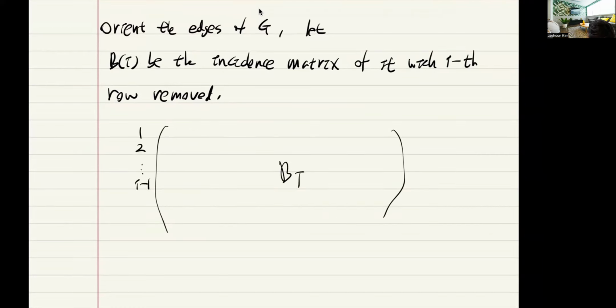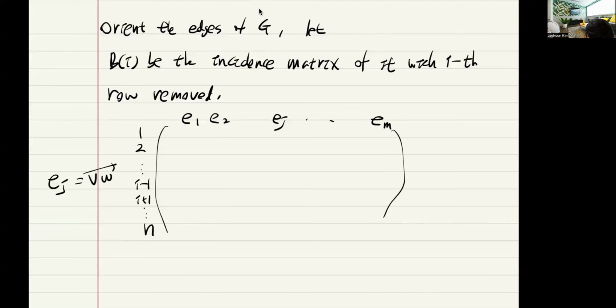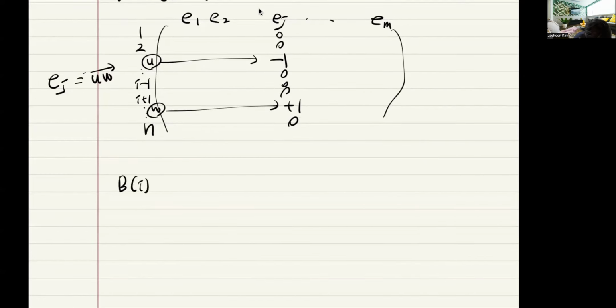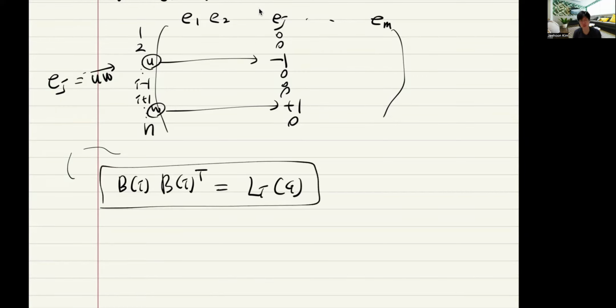We have every vertex except i as rows, and E1, E2, and so on, all the edges of G, as columns. If E_j is from U to W, then the entry is -1 on U and +1 on W. Then if we take this B_i, which is n-1 by m, and multiply it by its transpose, we get the principal cofactor L_i of the Laplacian.